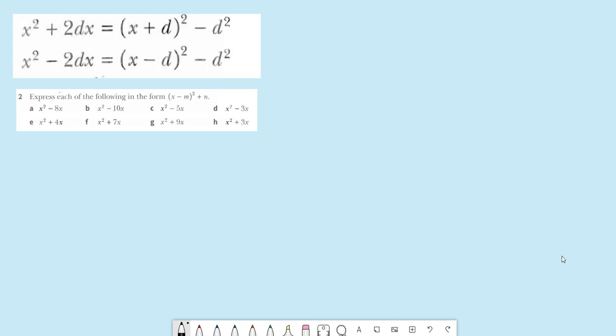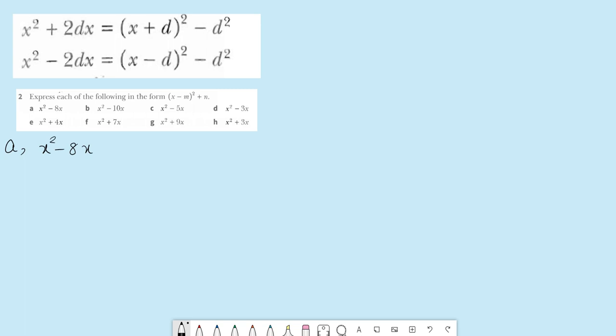Express each of the following in the form x minus m whole square plus n. Very easy question. Question number 2, part A. Part A is x square minus 8x.